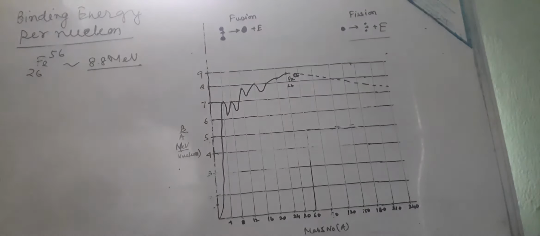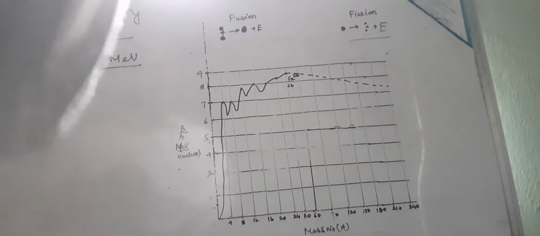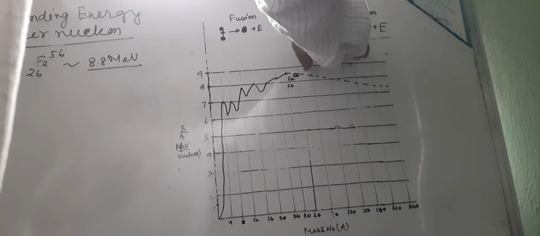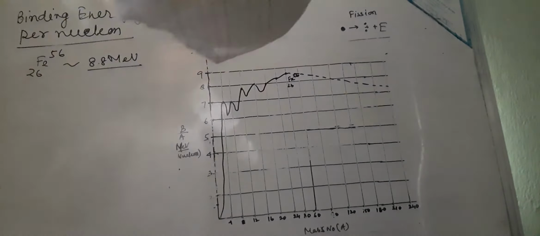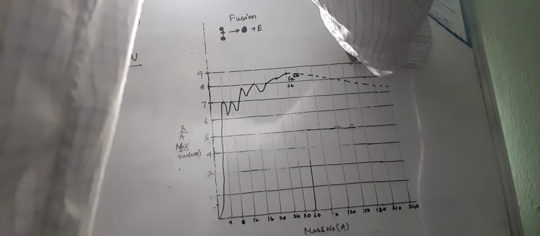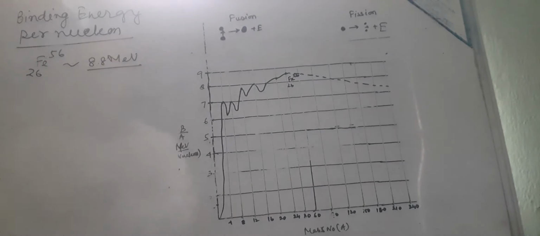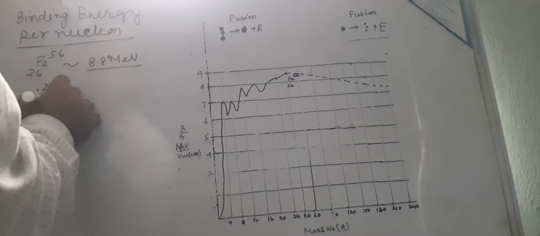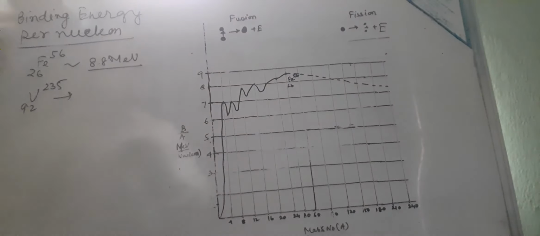Now we come to nuclear fission. When a thermal neutron strikes uranium 92-235, it is split into two smaller fragments along with 3 neutrons, and it releases a large amount of heat energy. For uranium 92-235, we get an excess energy of approximately 0.8 MeV per nucleon.